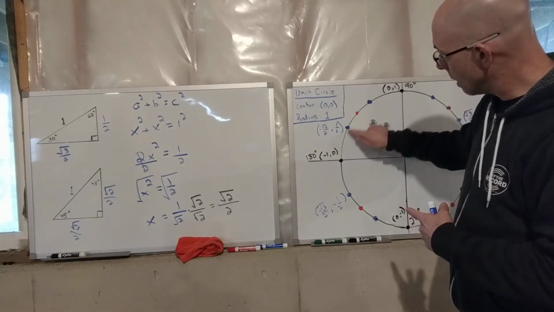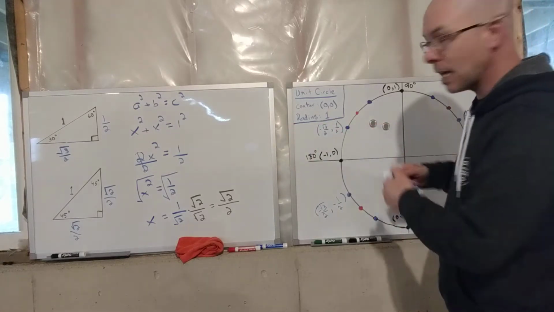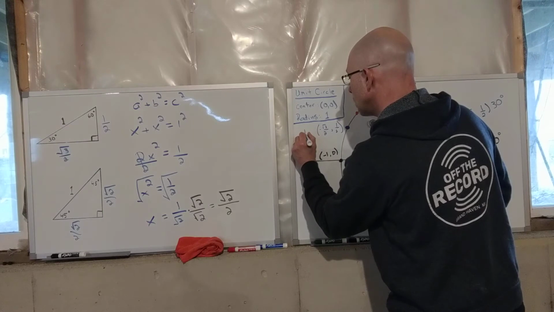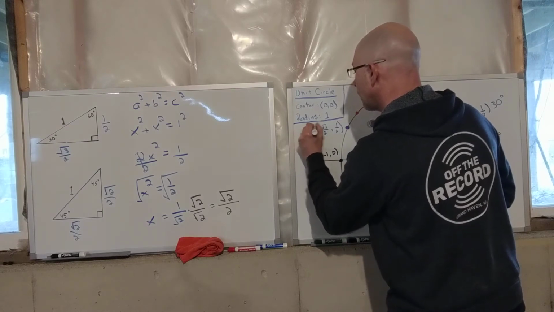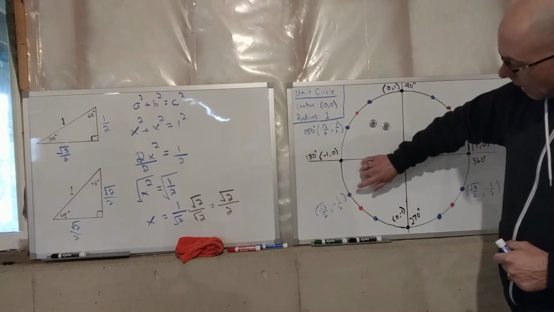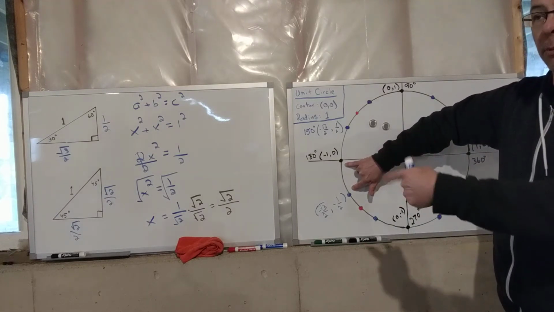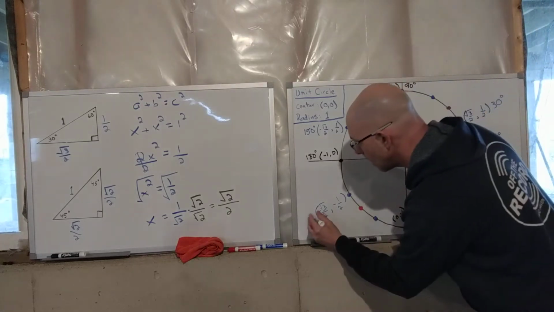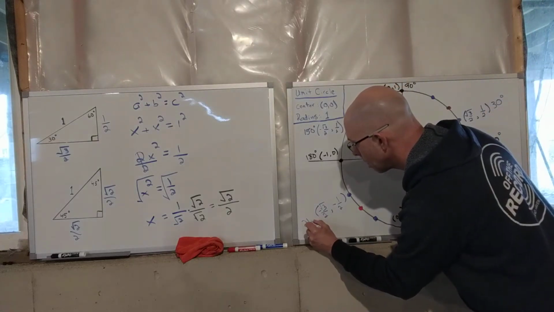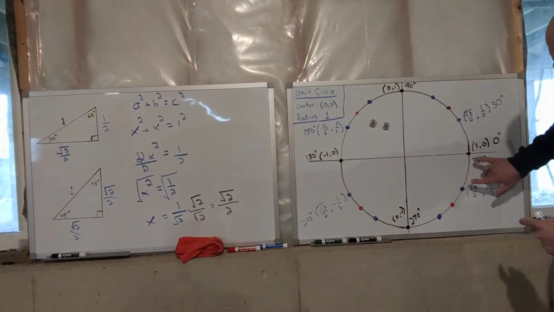That's 180. That's 30 degrees before it. 180 minus 30, that makes this 150 degrees. This one, that's 30 degrees after the 180. So 180 plus 30, or 210 degrees. And then this last one, there's that 30.